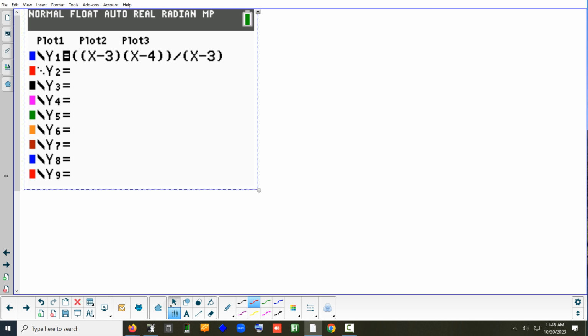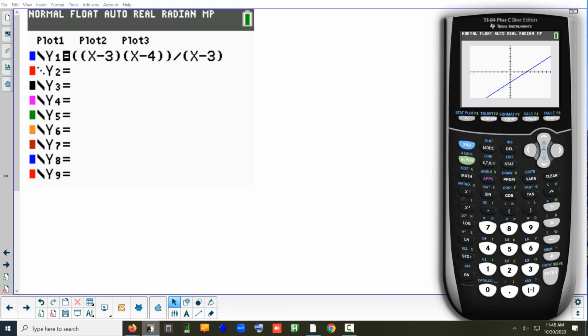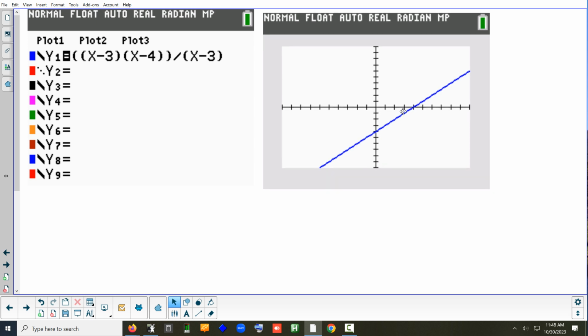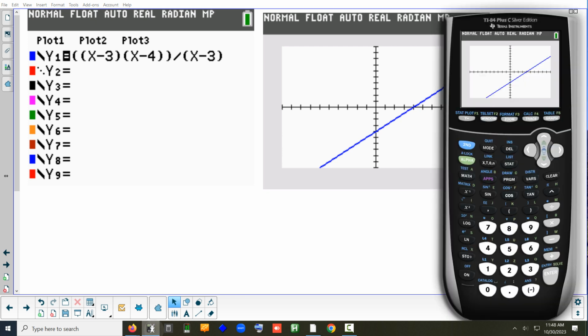No. Even though there's a value we can't use, positive 3, it looks like the graph just went right through it without a problem. But if I go to the table and I type in positive 3, it definitely says it's an error. So the calculator agrees you can't use positive 3.